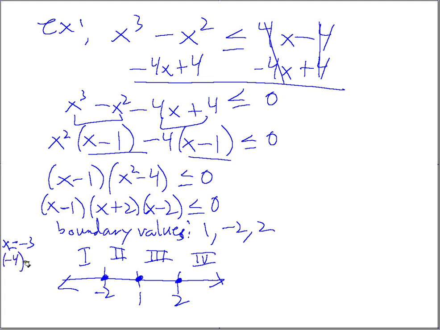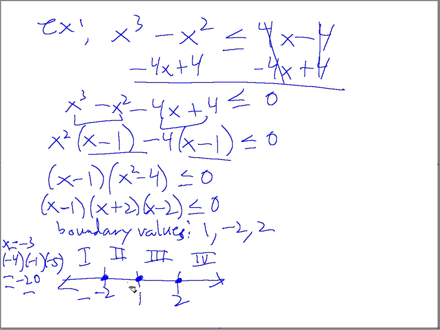Negative 4. Negative 3 plus 2 is what? Negative 1. What's negative 3 minus 2? Negative 5. But what's the product? Negative 20. Or negative result. So you get a negative result in the first region. So it should be minus, plus, minus, plus. Let's verify that.